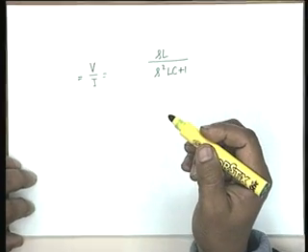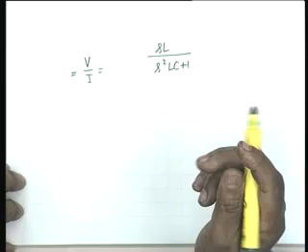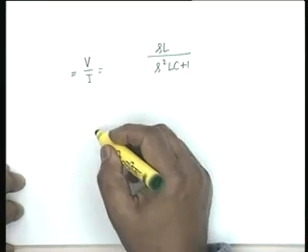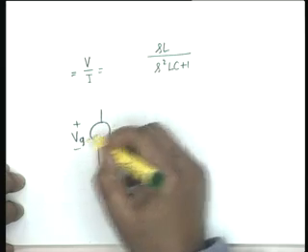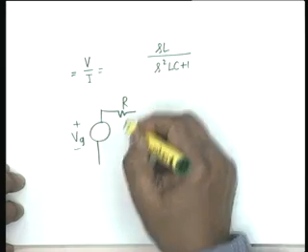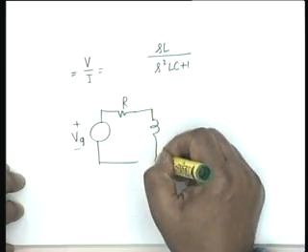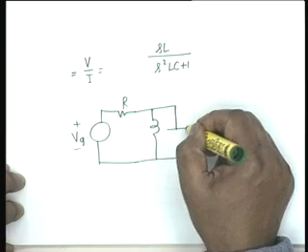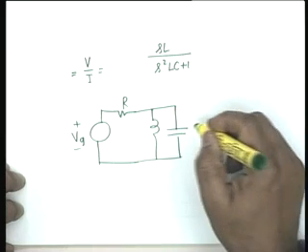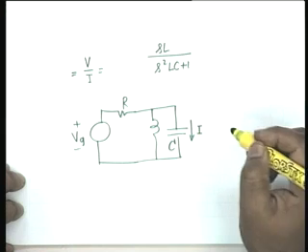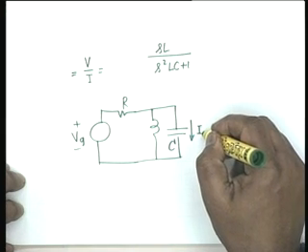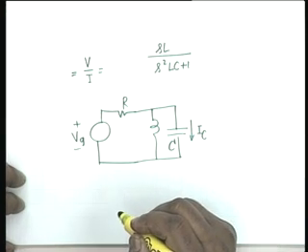What would be the transfer admittance? Suppose we had a voltage generator here, Vg let us say, and we had the same network R, L and C, and this current was the response.